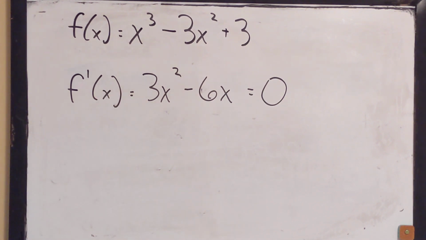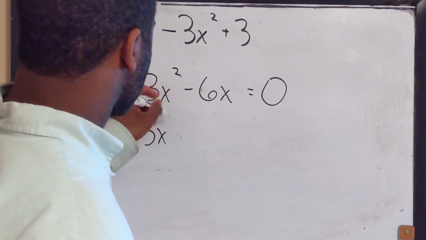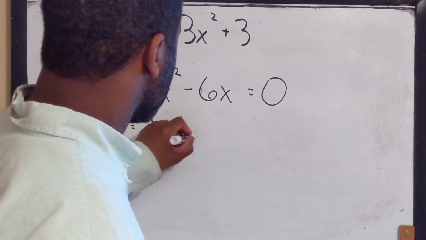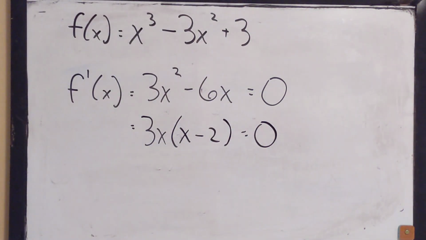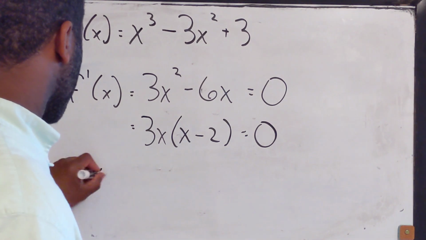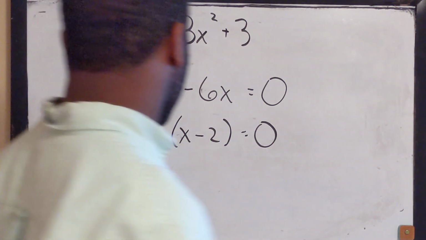So now we factor out, we choose our greatest common factor, which is 3x. So that would be x minus 2, which is equal to 0. So we have 3x times x minus 2 is equal to 0. Okay? 3x is equal to 0. Therefore, x is equal to 0.